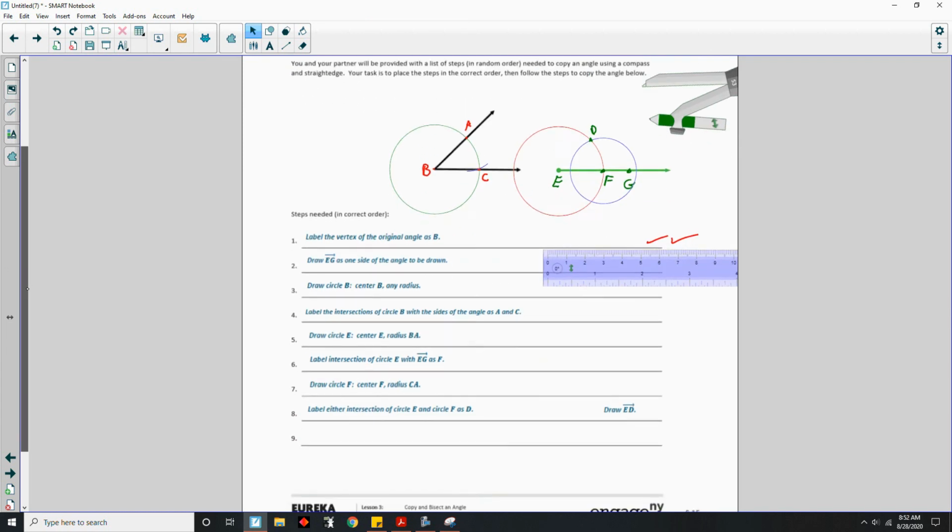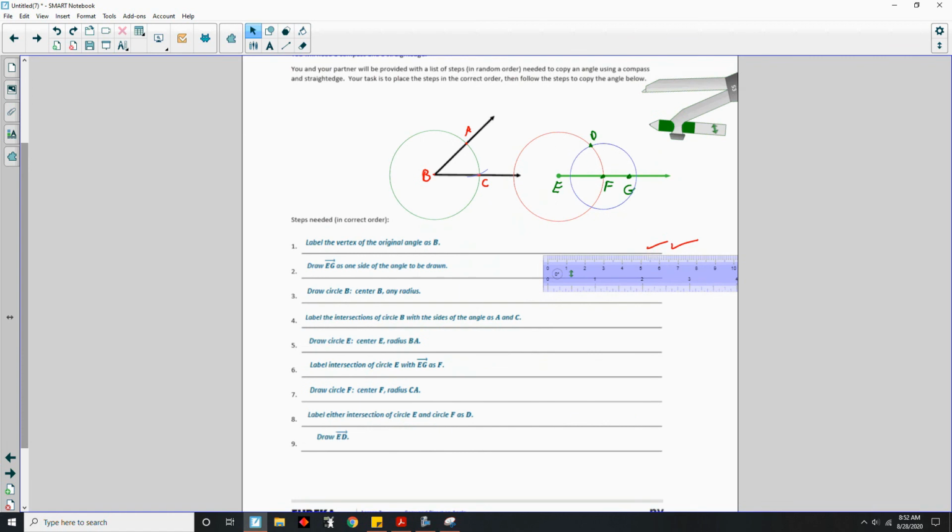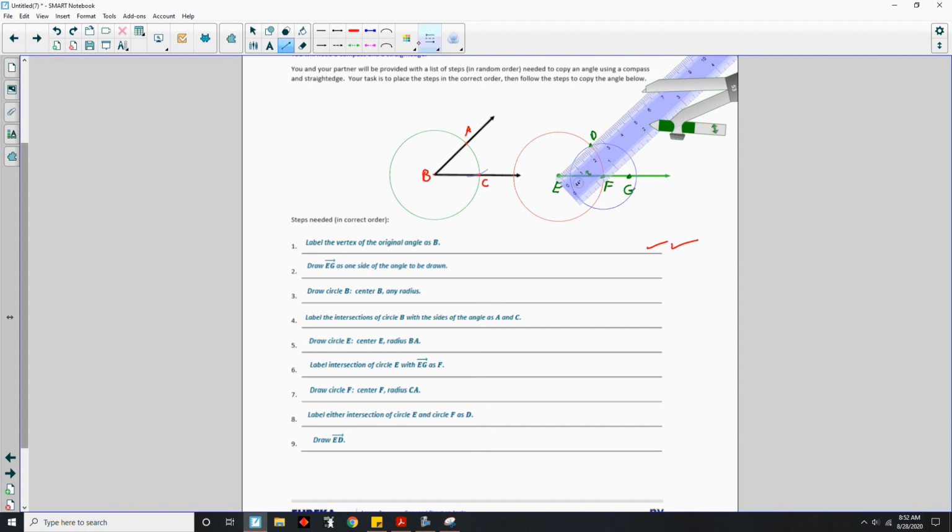And then finally, there's only one step left. Draw ray ED. So I put my ruler on E, rotate it so it's going through D, like so. I want to be really accurate here. Okay, and I'll make this ray green.